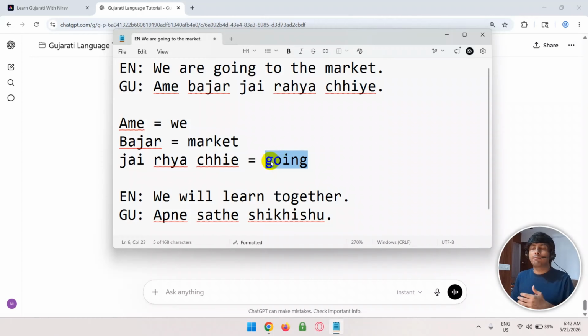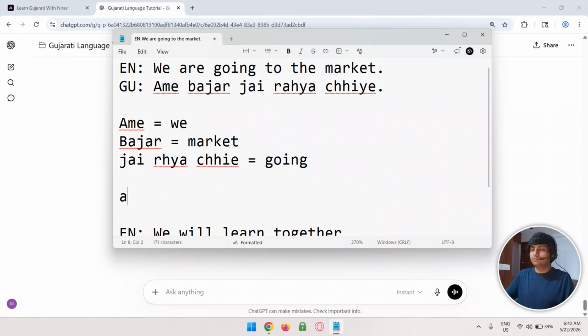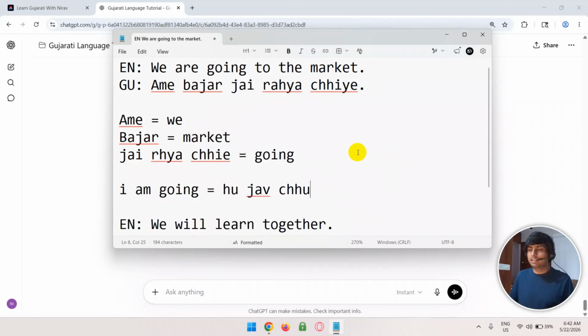If I want to say I'm going, I simply say હું જાઉં છું. I'm going in Gujarati, હું જાઉં છું. In that way.